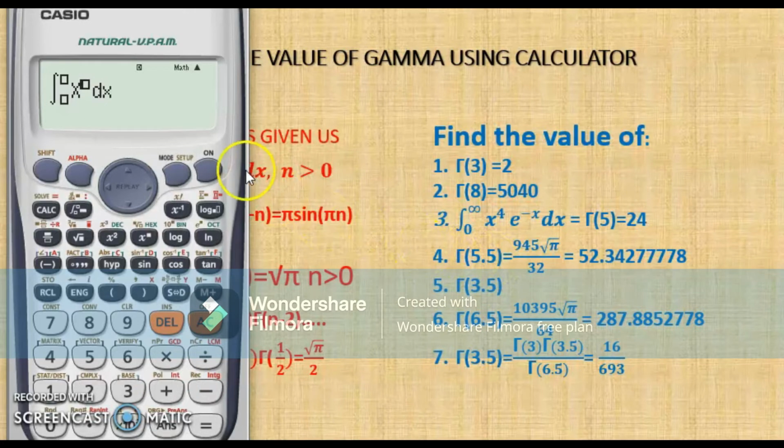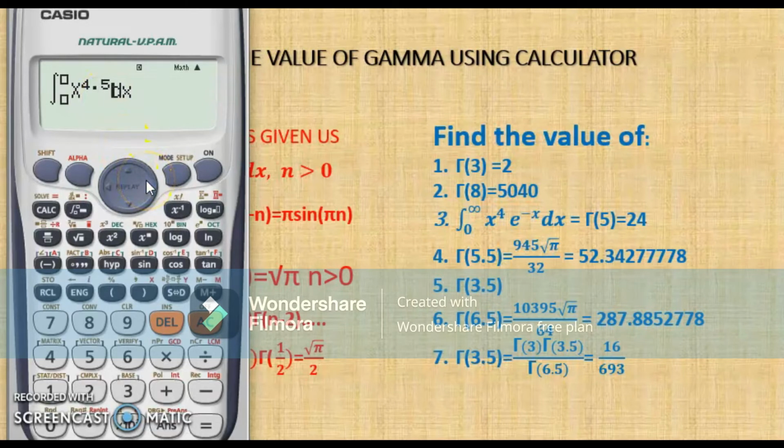So 5.5 minus 1 is going to be 4.5. Just put it directly, or if you want, you can put it in a bracket. So I can also type 5.5 minus 1 and put the whole thing in a bracket, but it is easier the way I do it.